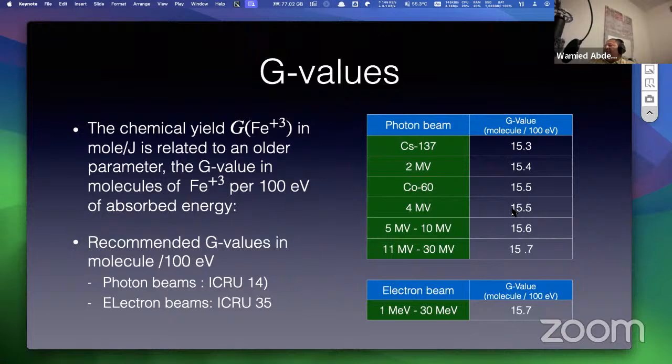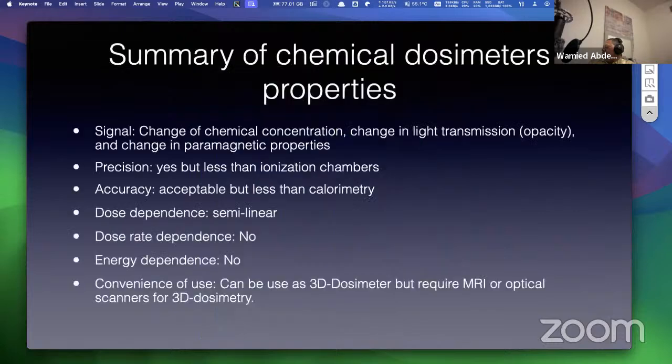Remember, the conversion factor for calorimetry, which is the specific heat, was established without the use of ionizing radiation. However, this G value you cannot establish without a radiation beam. So this is why sometimes they put this at a second level compared to calorimetry in terms of accuracy.